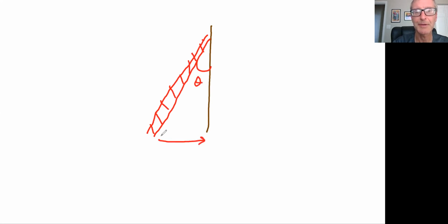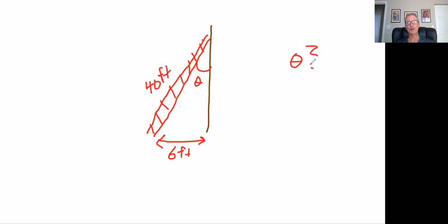This distance here is 6 feet, and the length of the ladder is 40 feet. The question is, what is theta? First thing you want to do is figure out where the right angle is.